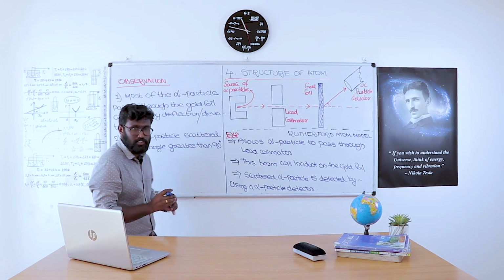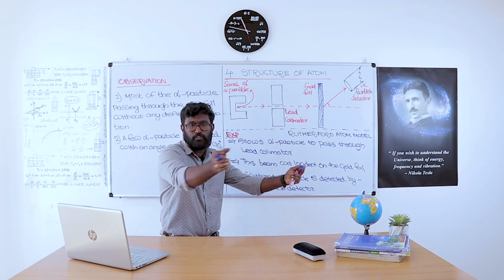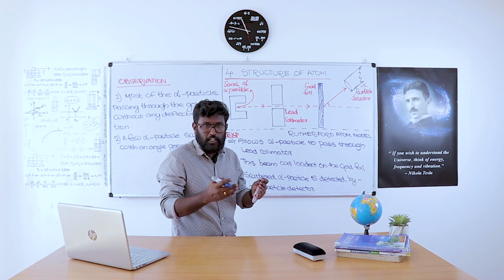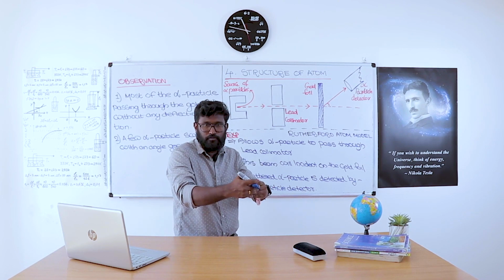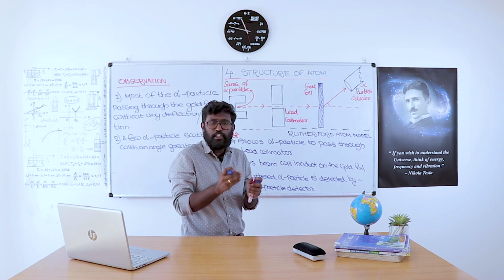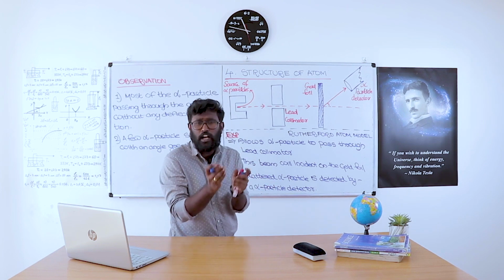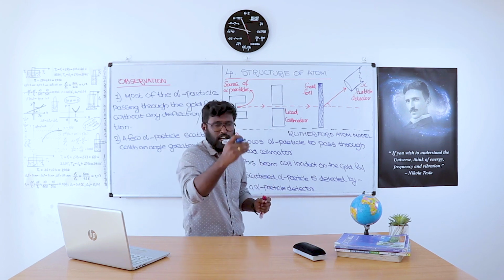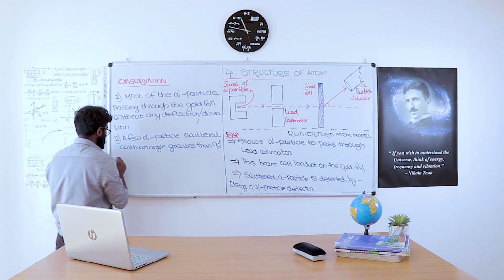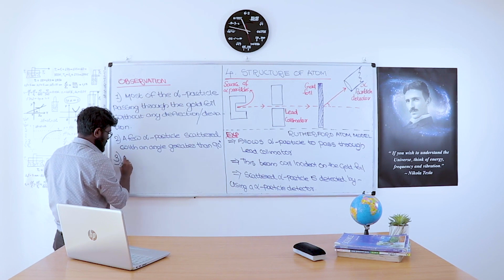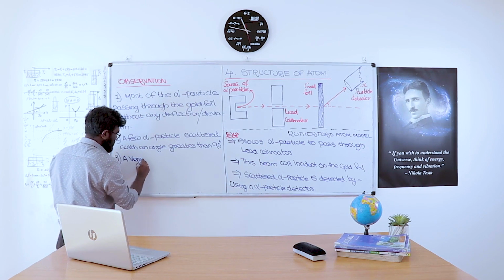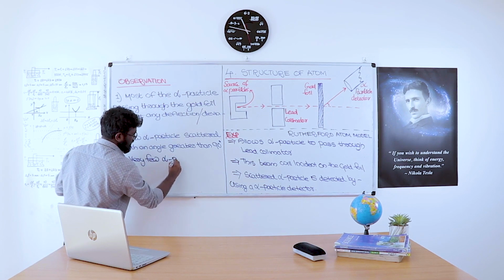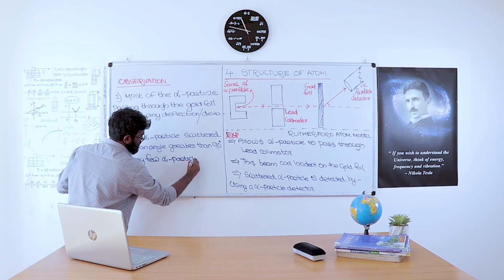So the first observation is that most of the alpha particles pass through the gold foil without any deviation or deflection. In the next observation, he states that a few alpha particles are scattered at an angle greater than 90 degrees. And what about the third observation? The third observation is that a very few, fewer than this number, alpha particles bounce back.